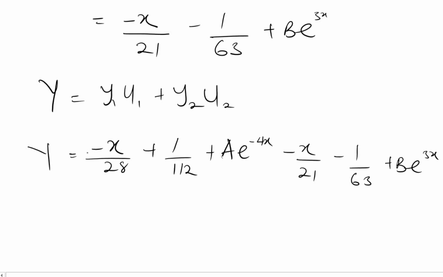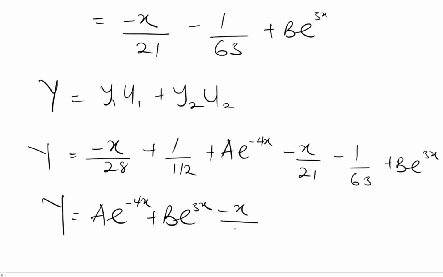Rearranging, we can match something together. y is equal to a exponential of minus 4x plus b exponential of 3x, right? Then plus, okay, let's do it bit by bit. Then minus x over 28 minus x over 21 plus 1 over 112 minus 1 over 63.